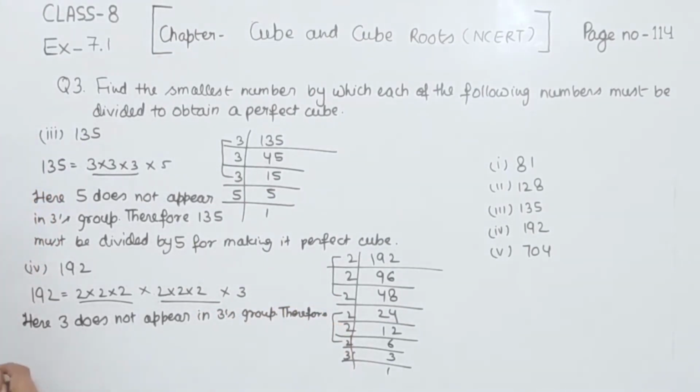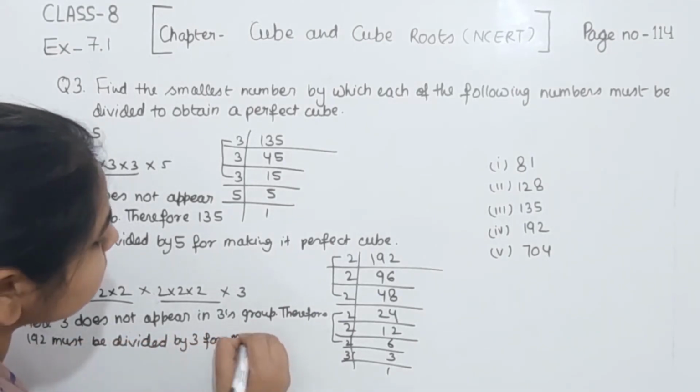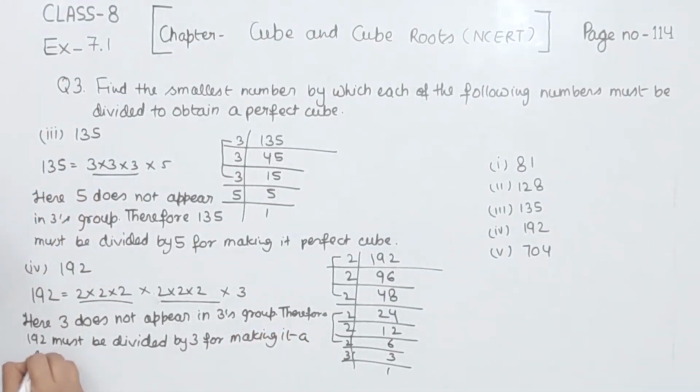Therefore 192 must be divided by 3 for making it a perfect cube. This is part 4.